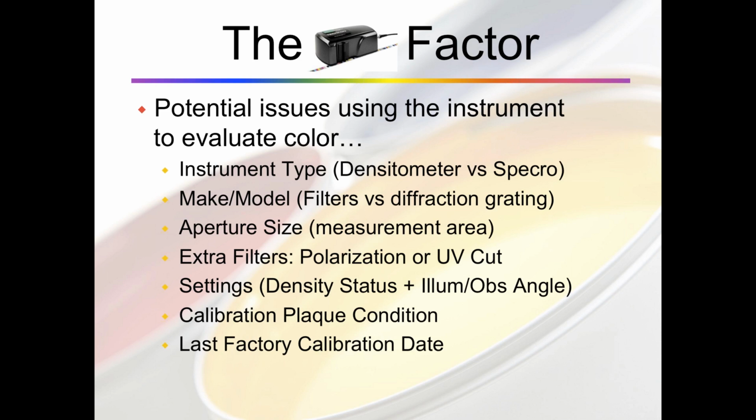Lastly, the last factory calibration or certification date is something that you should consider. Typically, this is known by a little sticker on the bottom of the instrument that states the last time it was in for service or in for certification from the manufacturer. And usually, depending on your ISO policies or procedures, you'll have to calibrate or certify your instrument either once every 12 or 24 months, depending on what you've set up your ISO certification program upon.